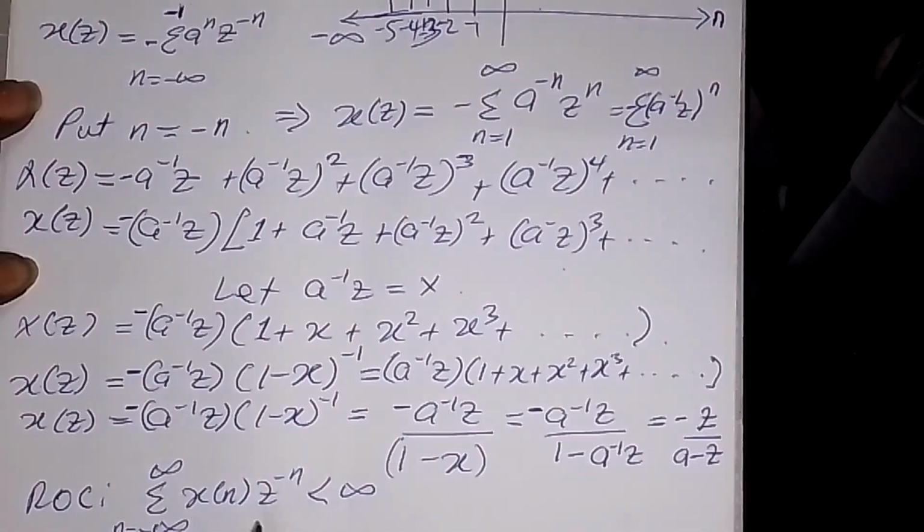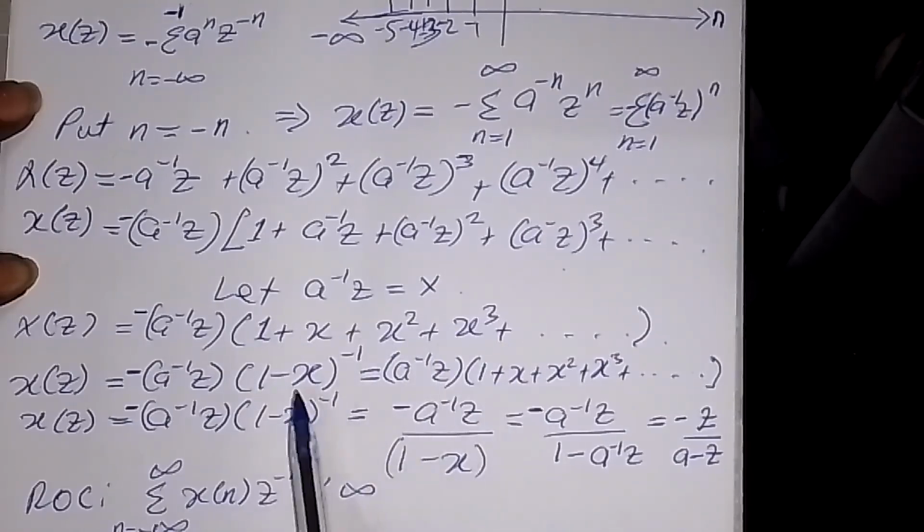So now this particular ROC that we have, what are we going to get from it? The summation can only converge when x is less than 1.